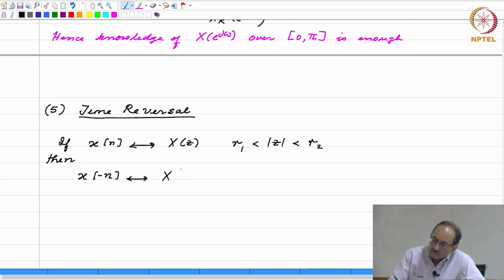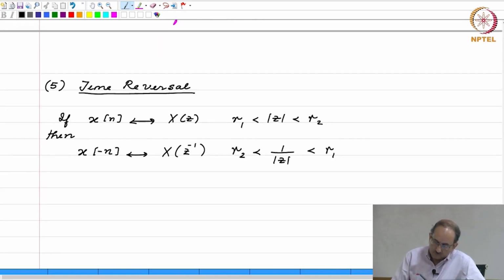So, this is Z inverse, and the proof again is pretty straightforward here.